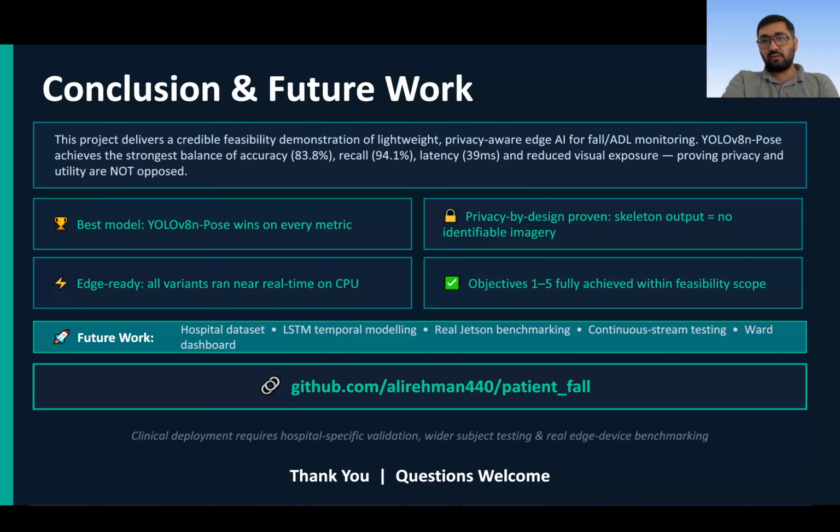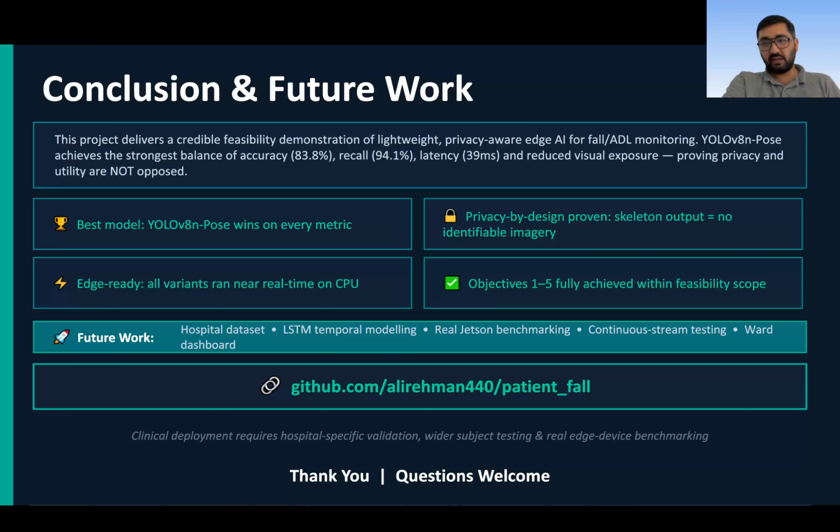To conclude, this project delivers a credible feasibility demonstration that lightweight, privacy-aware edge AI can support fall monitoring without sacrificing accuracy or real-time responsiveness. The YOLO Pose model achieved the best performance on every metric: accuracy of 83.8, recall of 94.1, and F1 of 84.2, and the fastest latency at 39 milliseconds.